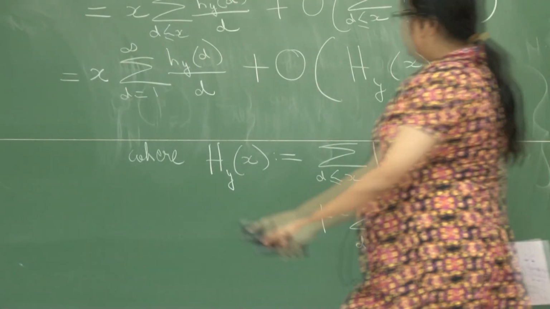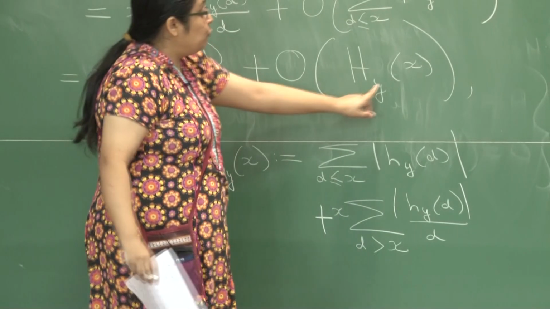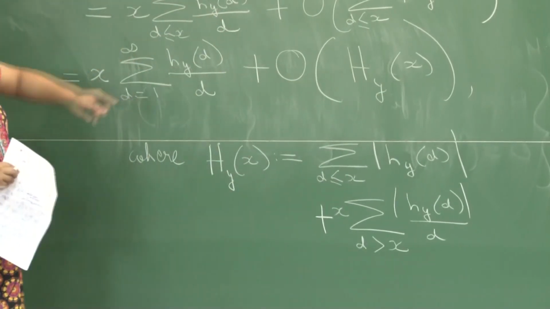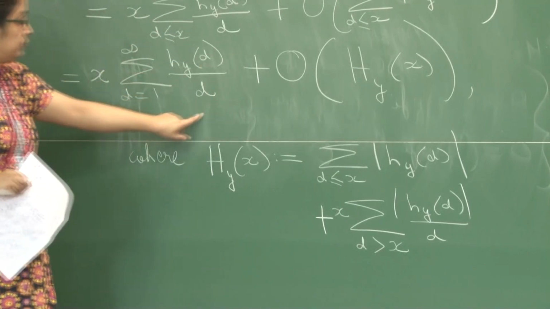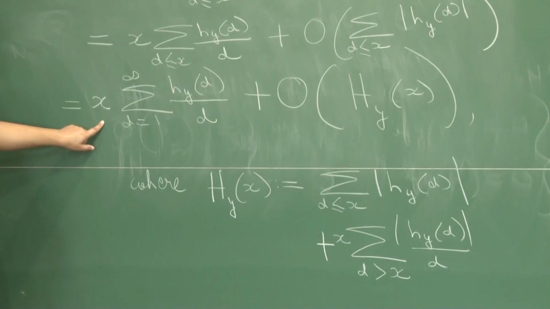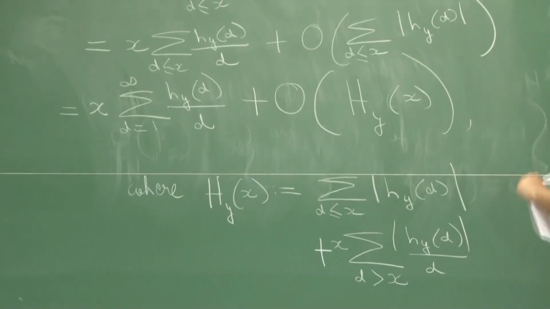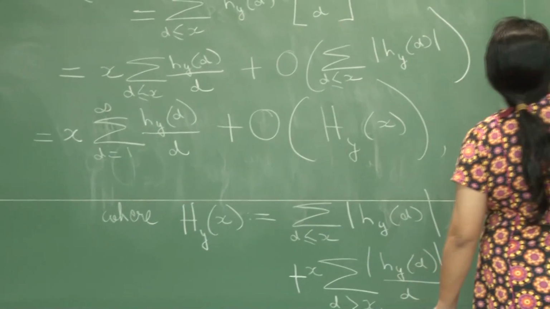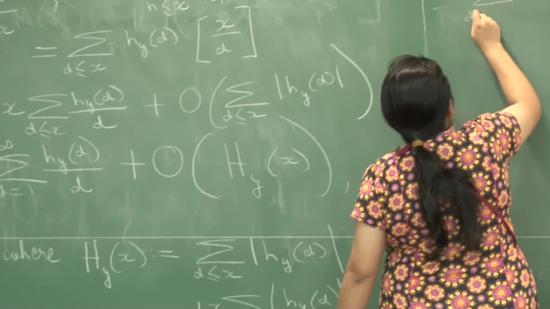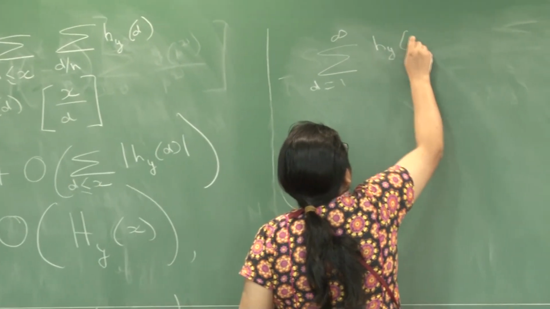So, what do we do next? We have to estimate what our h sub y of x is, and of course, we also have this term. Let us first just focus on this main term here. Let us take our sum. So, look at d going from 1 to infinity h sub y of d over d.